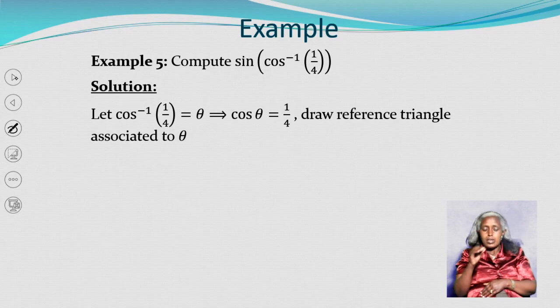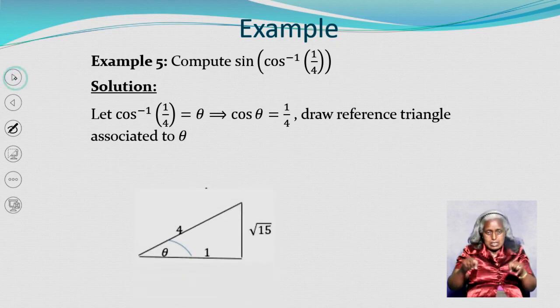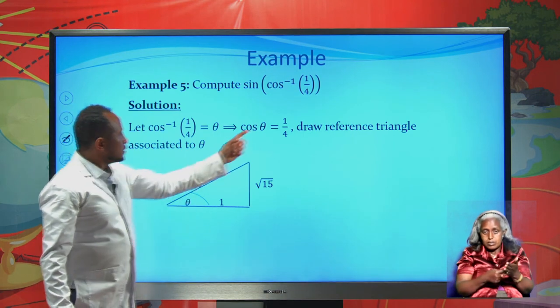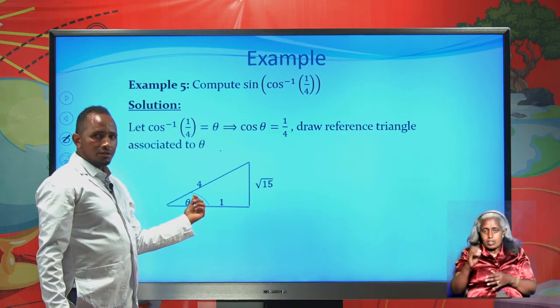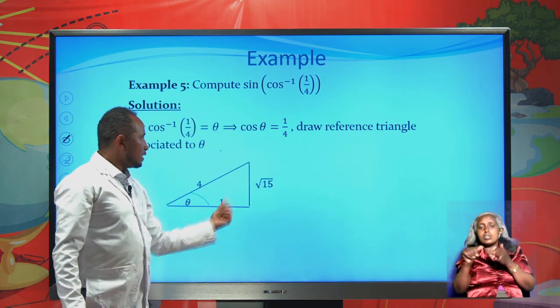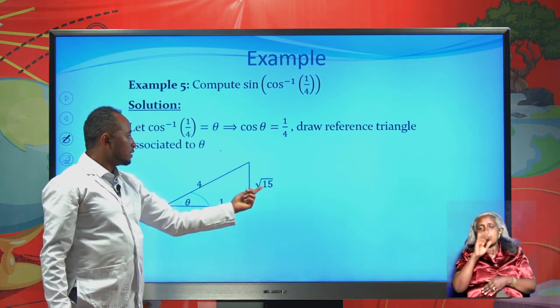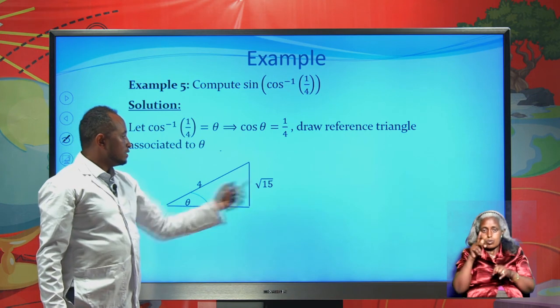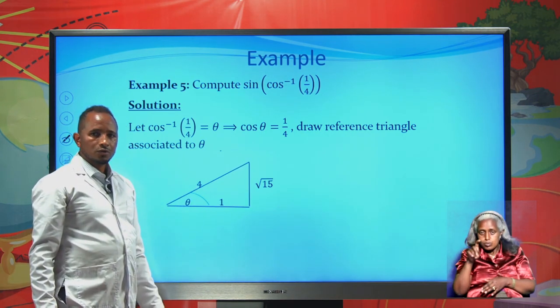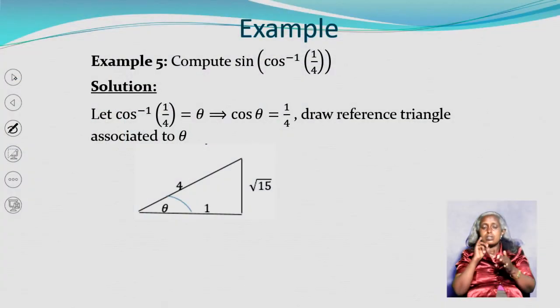Draw a reference triangle for this. You have theta here. Cos theta is adjacent over hypotenuse, so the adjacent is 1 and the hypotenuse is 4. Using the Pythagorean theorem, you can find the opposite side: the square root of 4 squared minus 1, which is square root of 15.